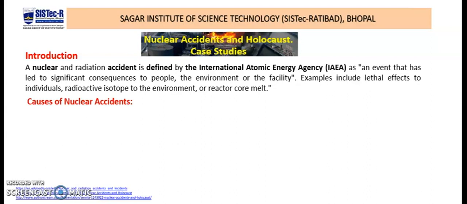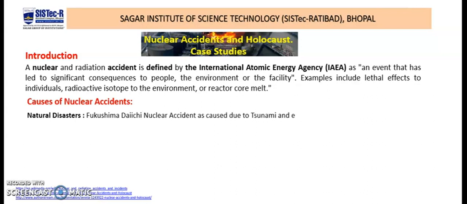Now the causes of nuclear accidents. Natural causes or natural disasters. For example, the Fukushima Daiichi nuclear accident was caused due to tsunami and earthquake. Improper following of procedures.